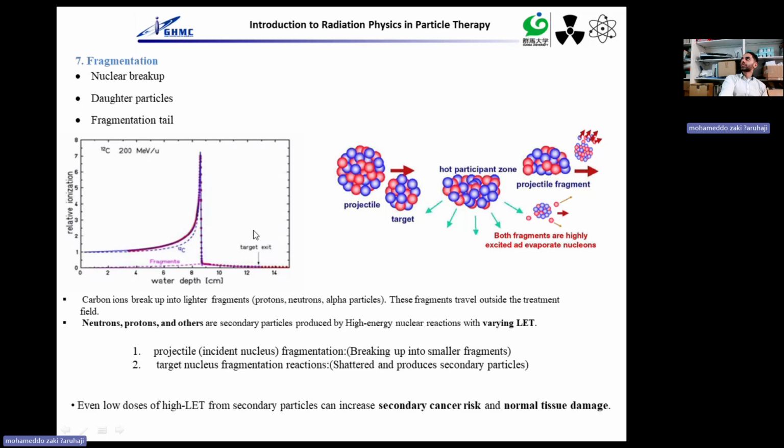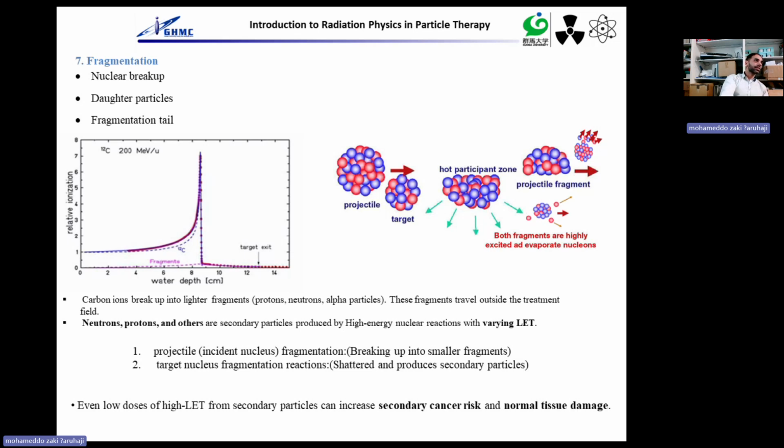When this hits the target, it sometimes breaks up into smaller fragments, shattered, and produces the secondary particles. Those secondary particles with high LET are unwanted.